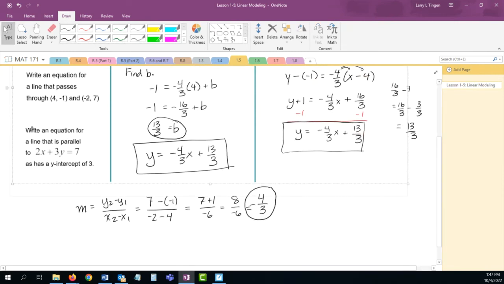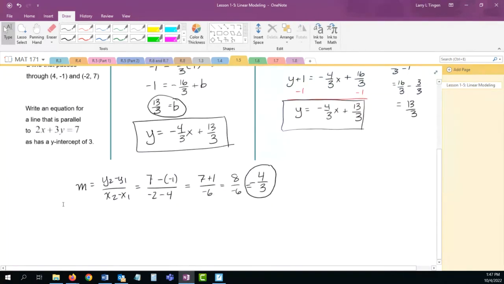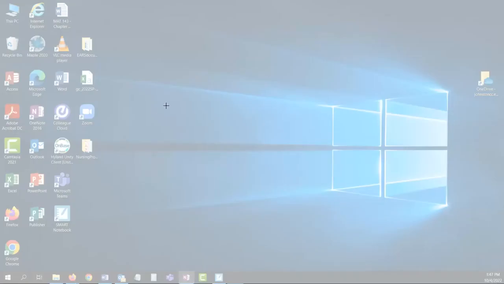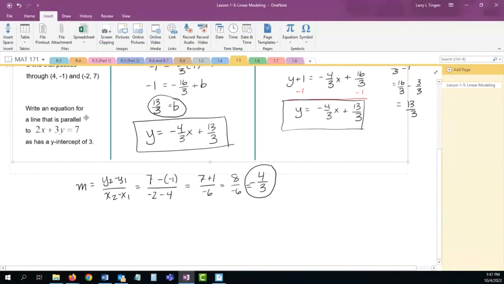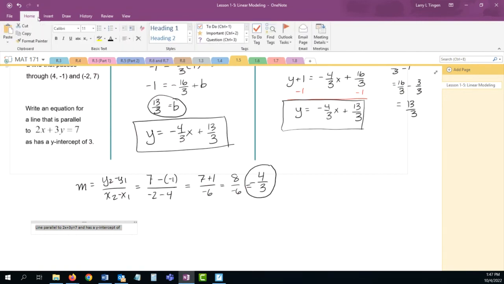Okay. So for the next problem, which is not going to fit in the table, I've got: write an equation for the line parallel to 2x plus 3y equals 7 and has a y-intercept of 3. I don't like this notation, and it's because this problem came from the book that I left it this way.